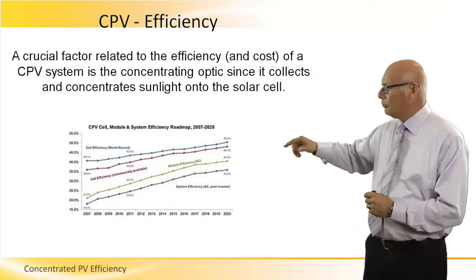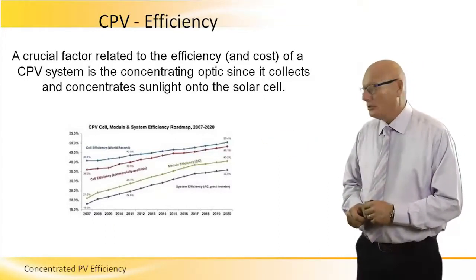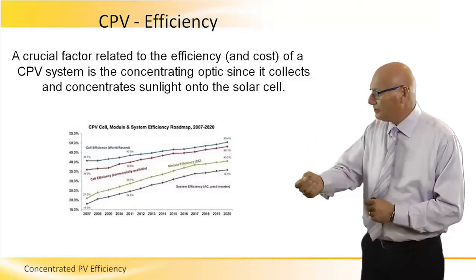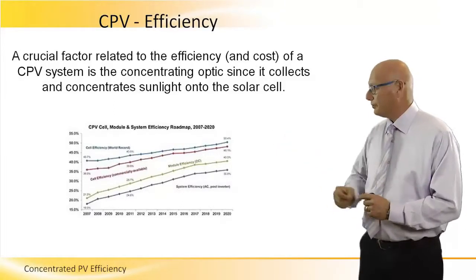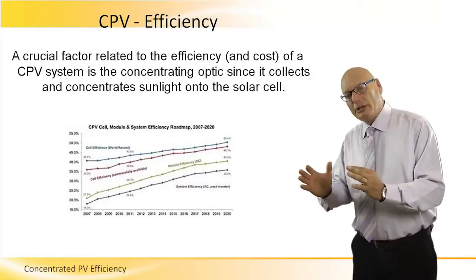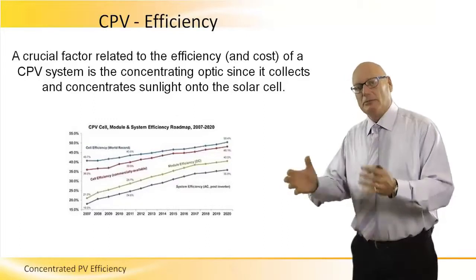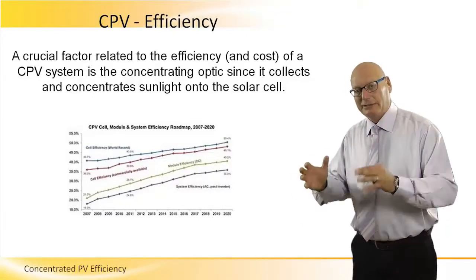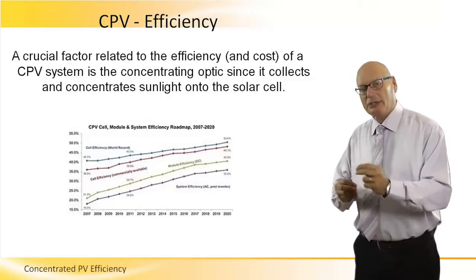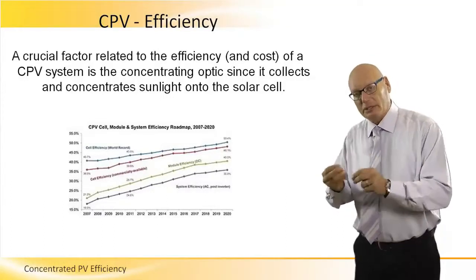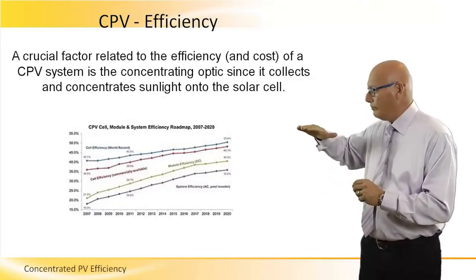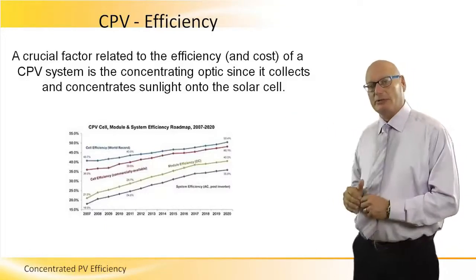If we go to the module level, the green graph, it starts from 21 and goes up to 40. The module level has more losses: temperature, mechanical, electrical, environmental. So module level will be less than cell level.